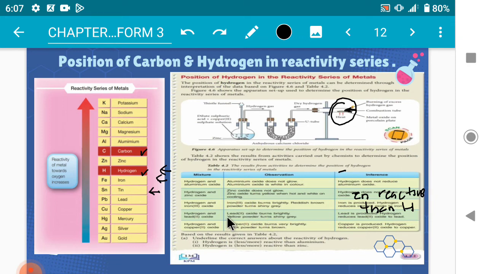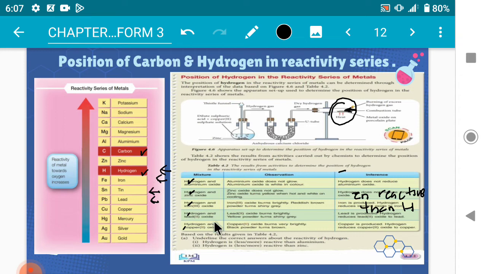And then the fourth test, and the fifth one, where copper is produced: 1, 2, 3, 4, 5. So this is the fifth test. Hydrogen and copper oxide. Copper is produced, which means the hydrogen can reduce the copper oxide, which means the hydrogen should be on top of the copper. So it should be here, there, and there.